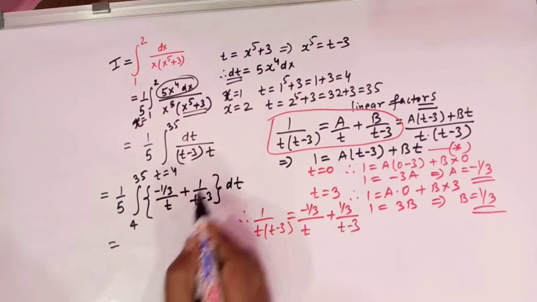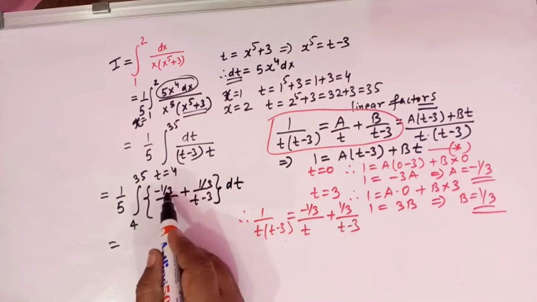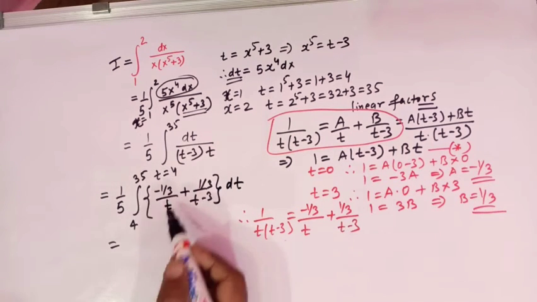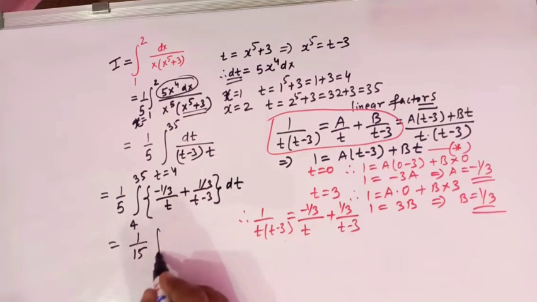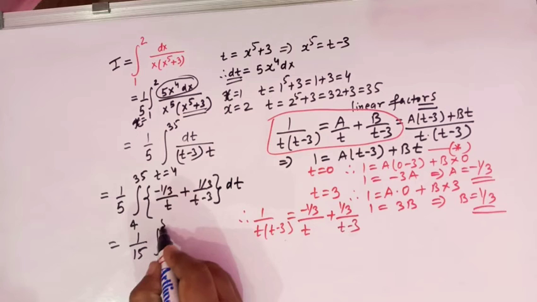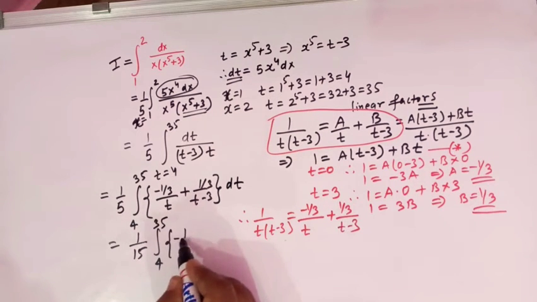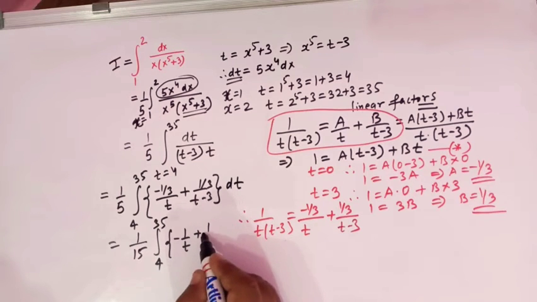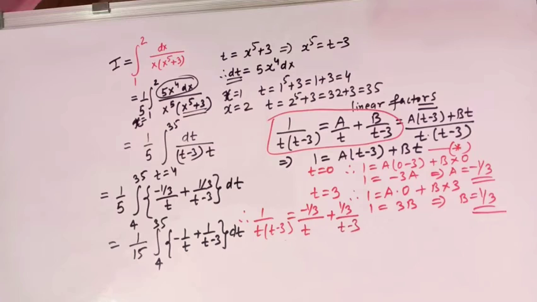We can take 1 over 3 outside the integral sign, so we have 1 over 15, limits from 4 to 35, and minus 1 over t plus 1 over (t minus 3).